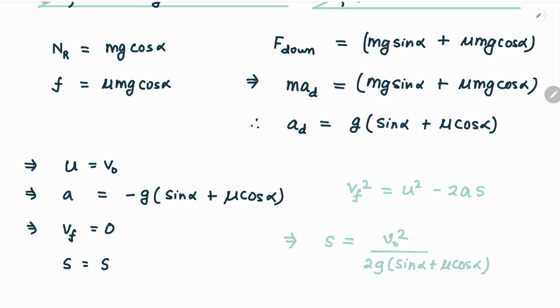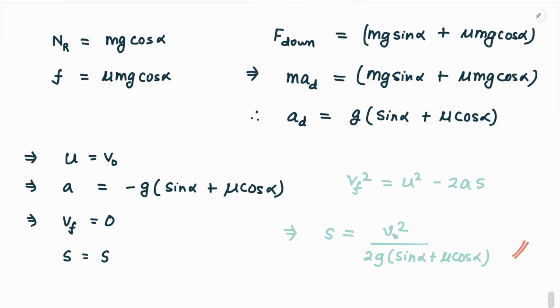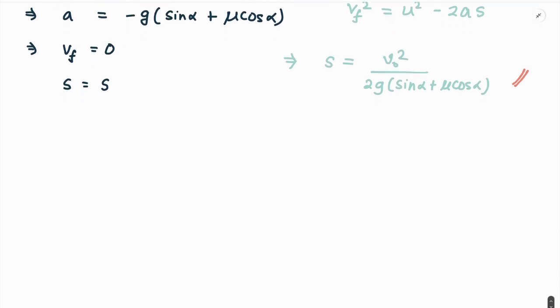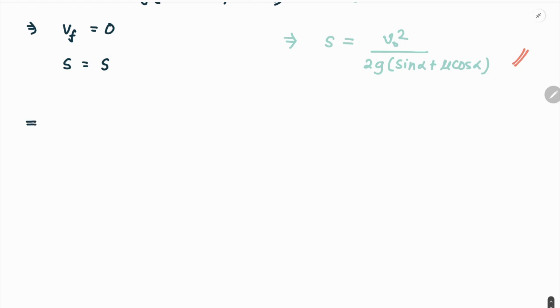Now the question is asking us what distance the body will cover before it stops. So this is the first part of the problem, and the second part is asking what work the friction performs over this distance. Since the friction force is opposing the body throughout its motion, the work done by friction will be negative.